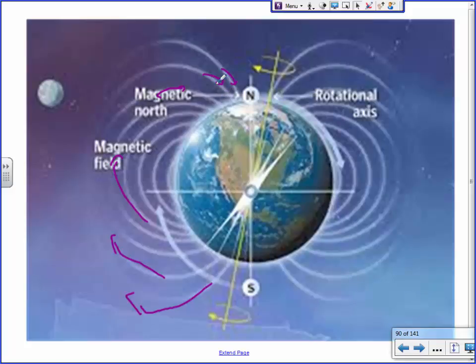And now that I've blown your minds and told you that south is actually north, does that make sense though? Right. Because this is actually the south pole magnetically, we just call it north. Right. So we would draw field lines then like this coming from the southern hemisphere towards the northern hemisphere. Hence, when you're standing right in that vicinity there and you have a compass in your hand, the compass in your hand will point towards north, which is really south.